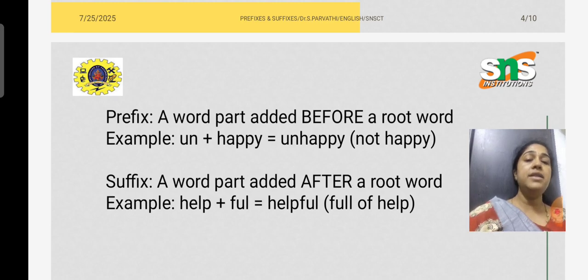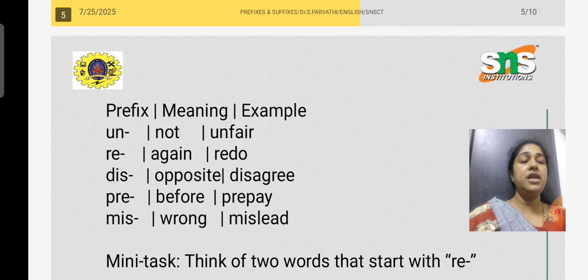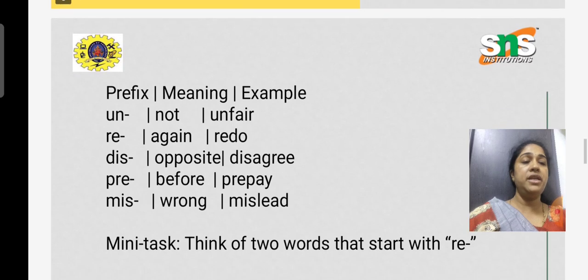But when you add the prefix un, it becomes totally opposite: not happy. When you are ready to help others, that's a helpful nature. Helpful is full of help. So when you add prefixes and suffixes, it definitely gives a different meaning.